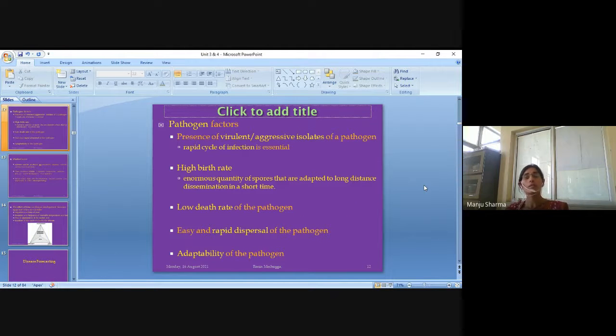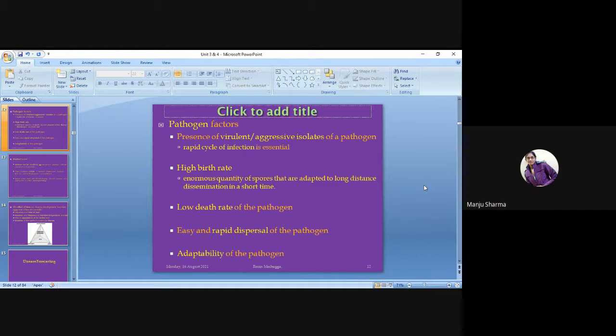Next are the pathogen factors. Pathogen factors include the presence of virulent, aggressive isolates of a pathogen. A rapid cycle of infection is essential, with a high birth rate and an enormous quantity of spores that are adapted to long distance dissemination in a short time.